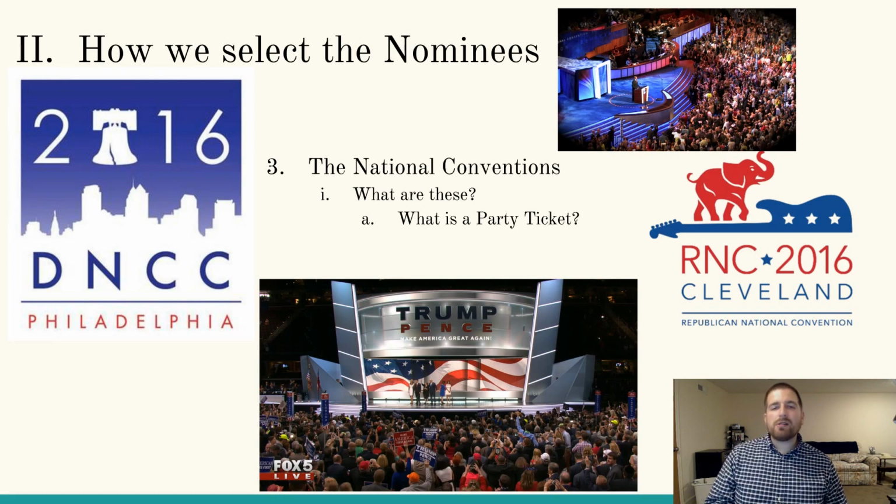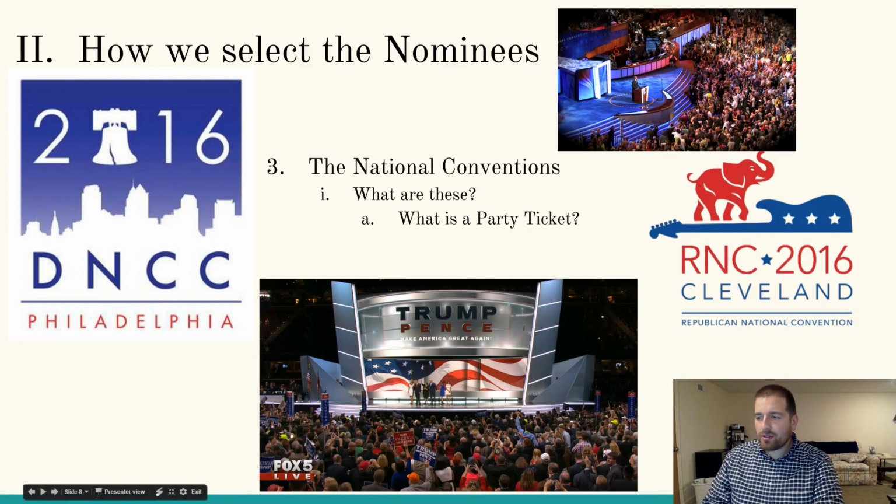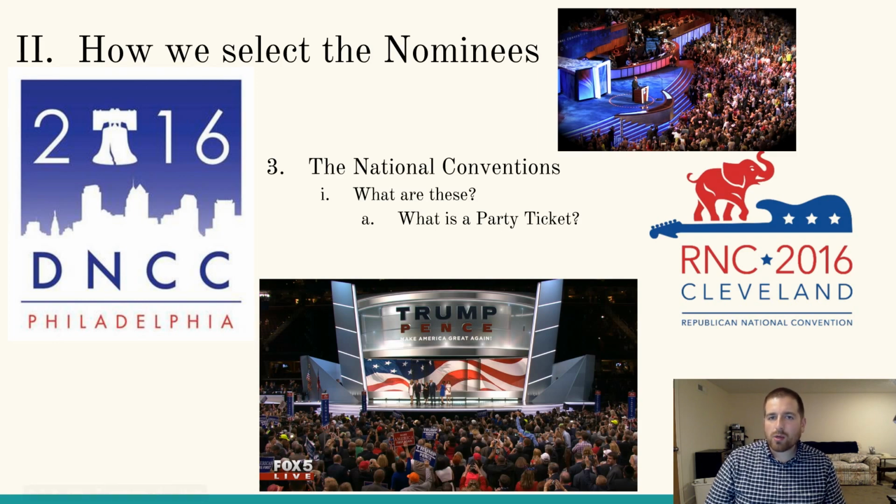So, what happens then is we proceed to what are called the national conventions, and these take place in July of the election year. So, what are these? Well, the national conventions are a party-run event where the Democrats or Republicans officially announce their party ticket for president and vice president.